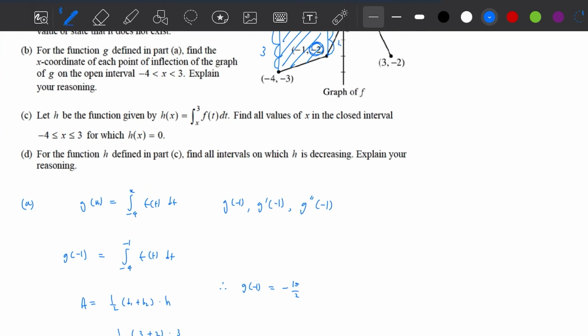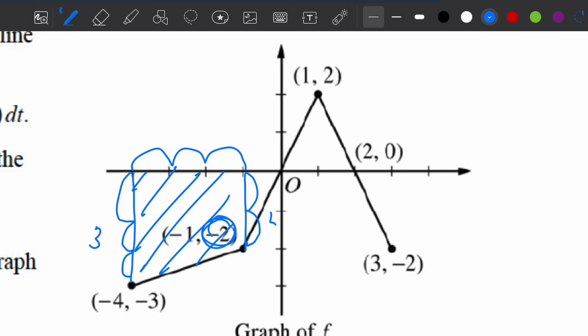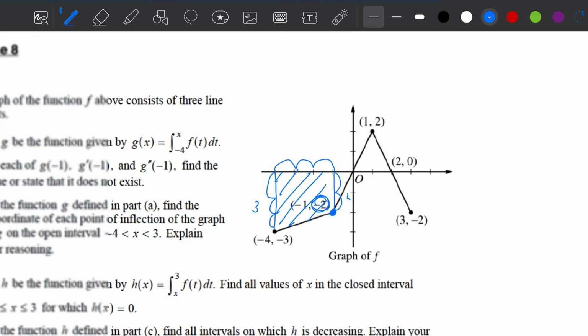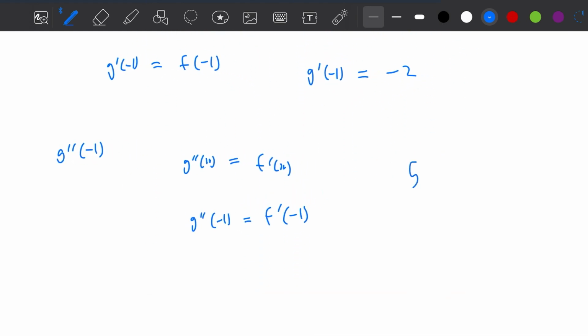If we look at the graph at this point, the slope of the graph of f is not the same immediately to the left and to the right of x equals -1. So it has a sharp turn, a corner you could say, at x equals -1, which means the function isn't differentiable at x equals -1. So therefore, g''(-1) does not exist (DNE).